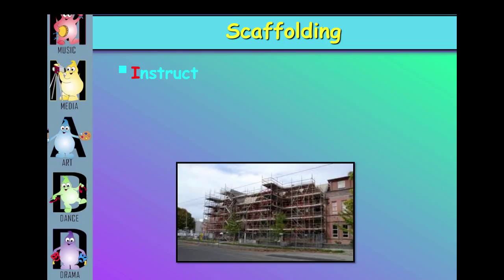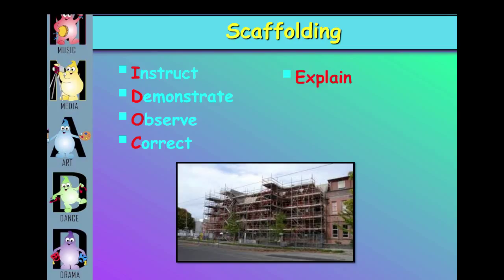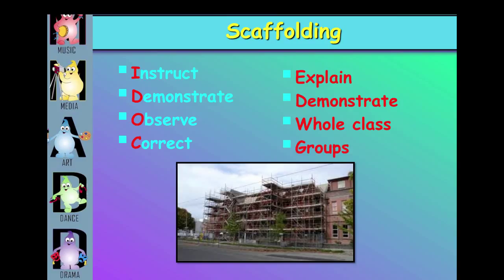So you start by instructing the children, and then you demonstrate what you've been talking to them about. You observe if they're understanding, and then you correct if necessary and praise. Another way of doing it is to explain the activity or concept, demonstrate it, get the whole class to do the activity, and then split into groups if that's what you want them to do.